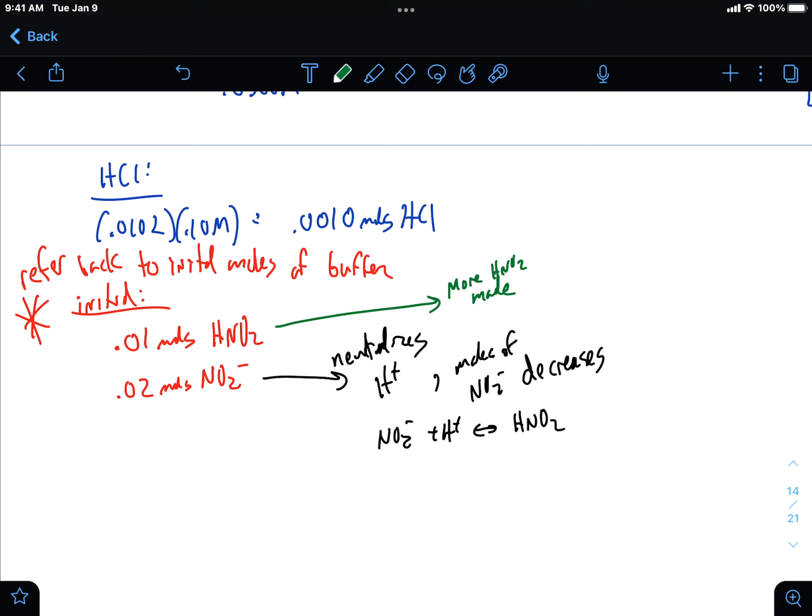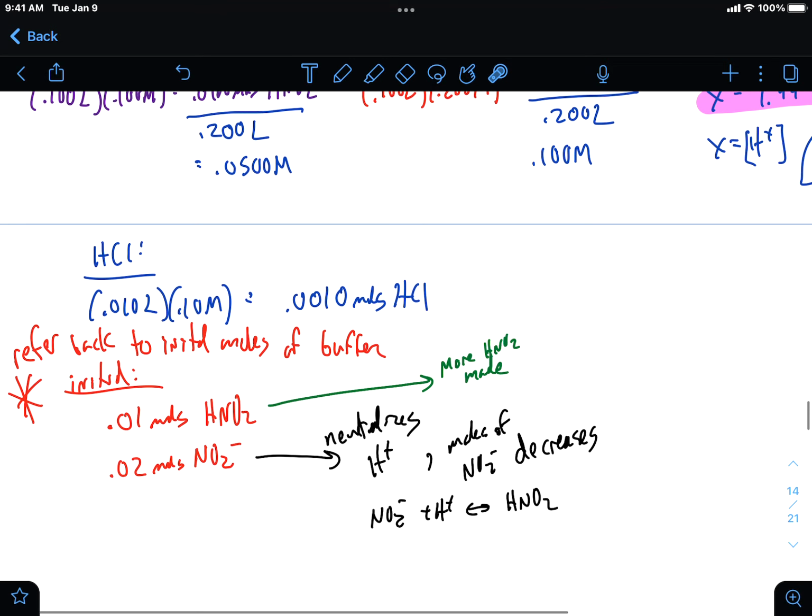So, what is the mole ratio between H plus and NO2 minus? One to one, right? And don't we know the moles of H plus that we're adding?